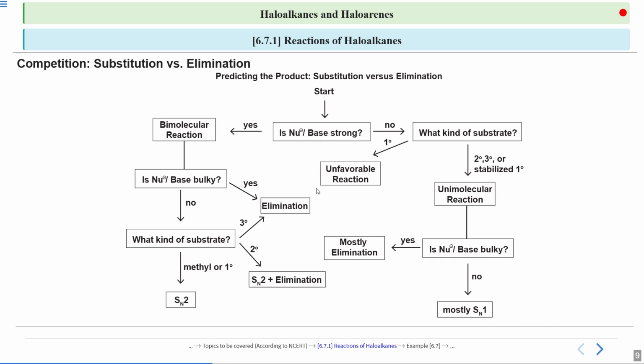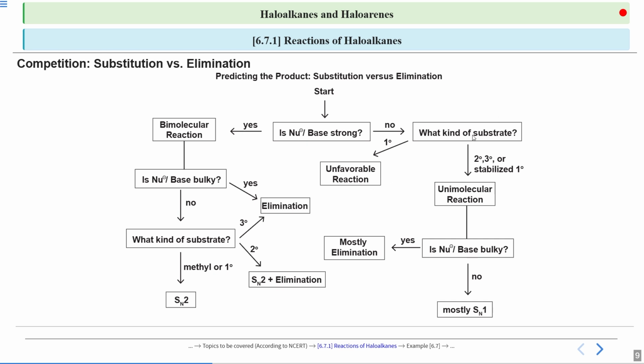Okay, an unfavorable reaction is shown by weak nucleophiles or weak bases with the primary substrate. That's the worst case, where there will be no reaction. Okay, the reaction is not likely to proceed.